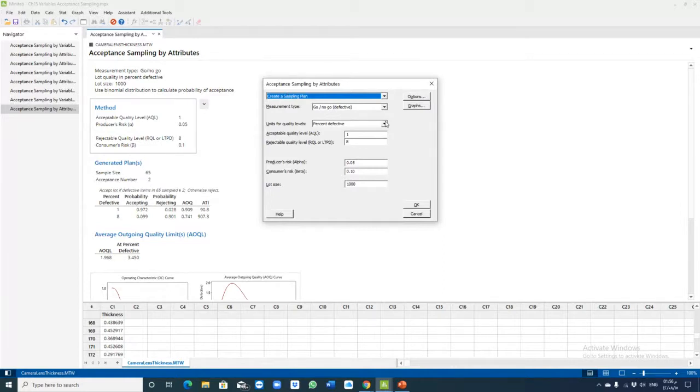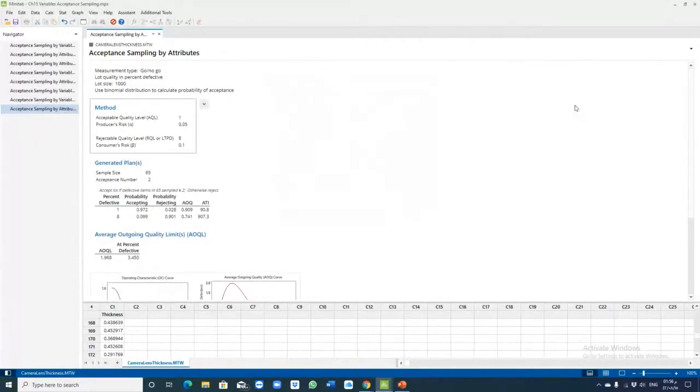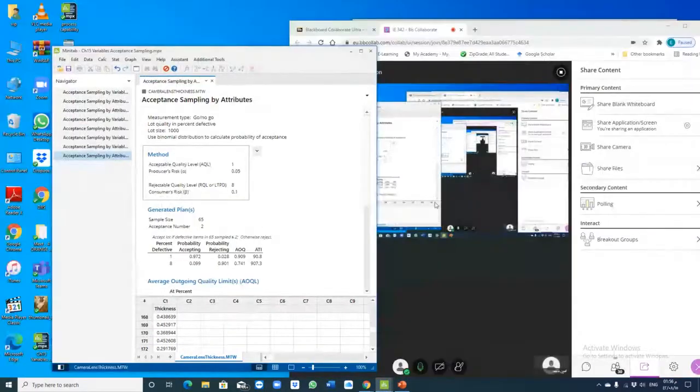But here you have to pay attention that you are not going to use the percent defective, because the defective was given to you as a number or counts. So we have to use defectives per million. You have to change the tab to defectives per million, and then you enter the data that was given to you based on the AQL and the RQL. So let's have the slides.